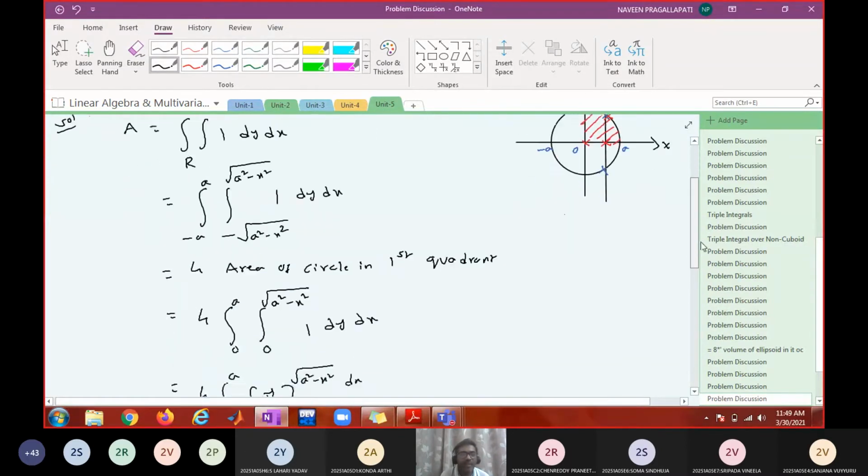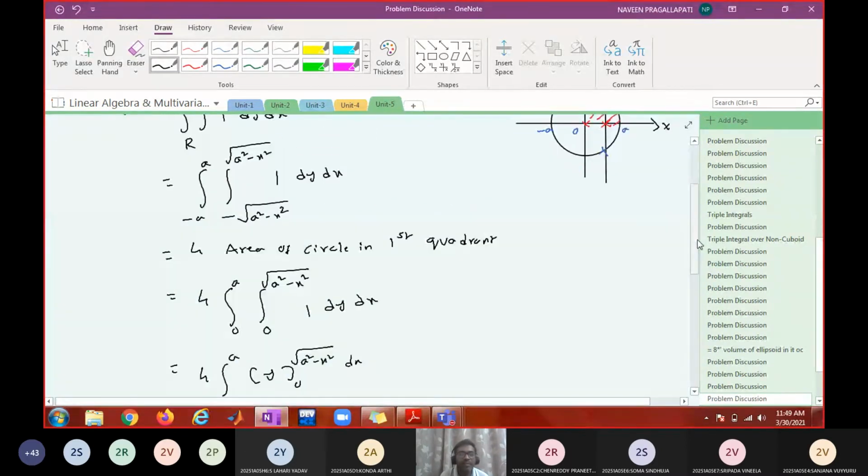Whereas if you want to do it in polar coordinates, what do you do? Area equals, alternate method.